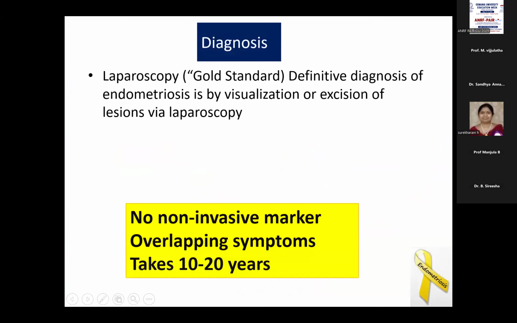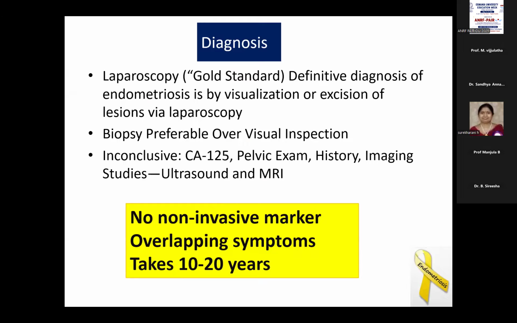The diagnosis is a big challenge, as I was telling you. The gold standard is laparoscopy, which is invasive, and biopsy is preferable over visual inspection. We can even diagnose, to a certain extent, with pelvic examination and imaging techniques.